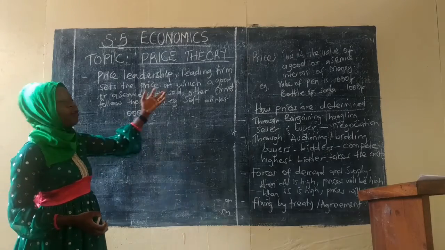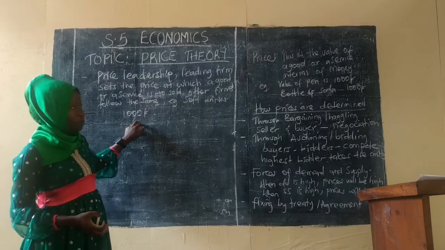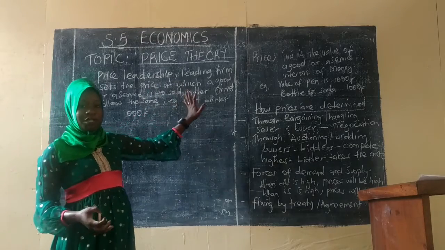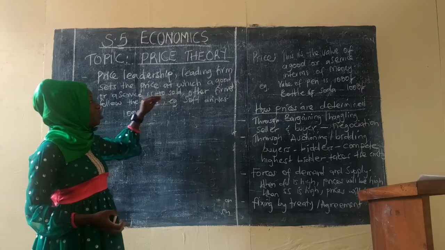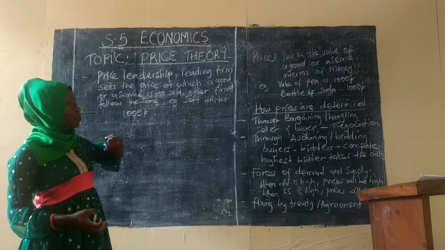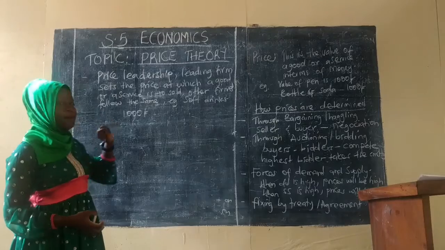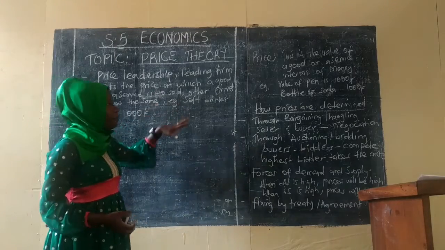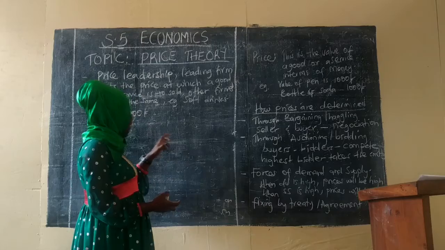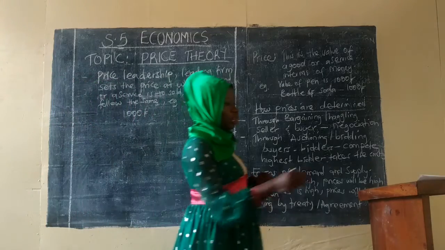Because these are already established, there's no way I will be able to compete with the already established firms. So they set the price at which other firms producing the same product will sell. If they sell a soft drink at 1,000, other similar firms will also be forced to sell at the same price. We call it price leadership.